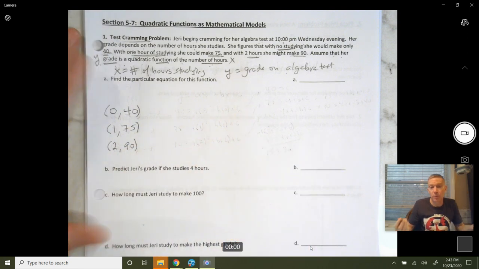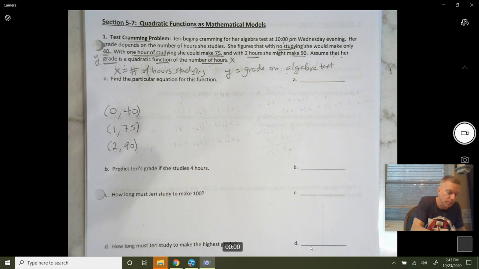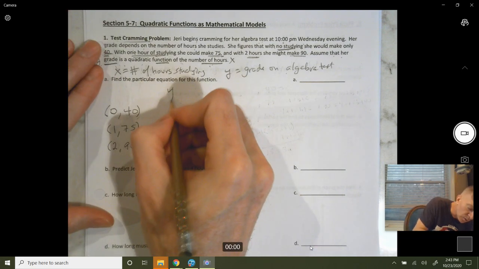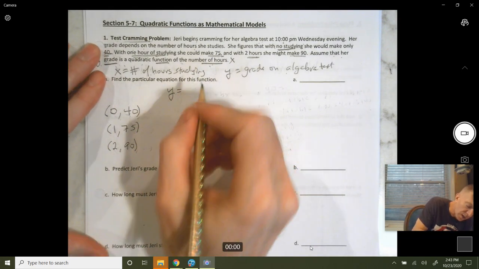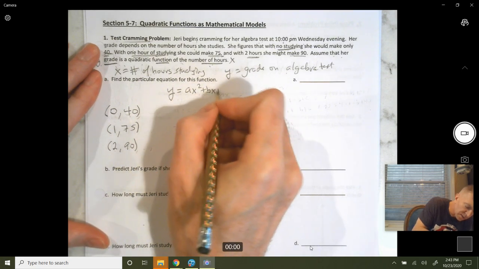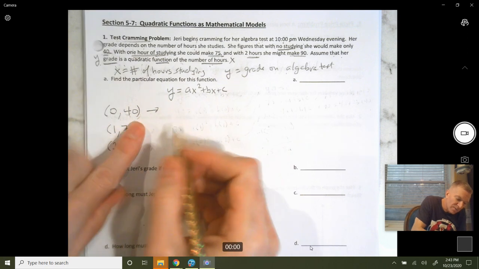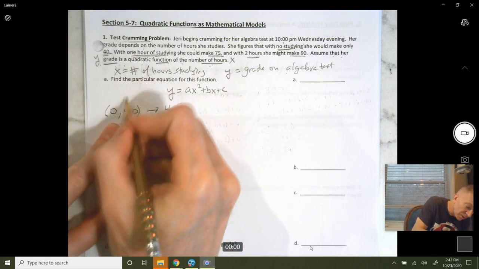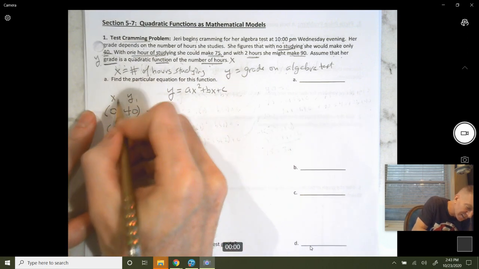Okay, we have to come up with a quadratic equation. You can always come up with a quadratic equation if you have any 3 ordered pairs. So we know the general equation for a quadratic equation is y equals ax squared plus bx plus c. Okay, so plugging this in, our y value is 40. We're plugging in 40 for y and 0 for x.